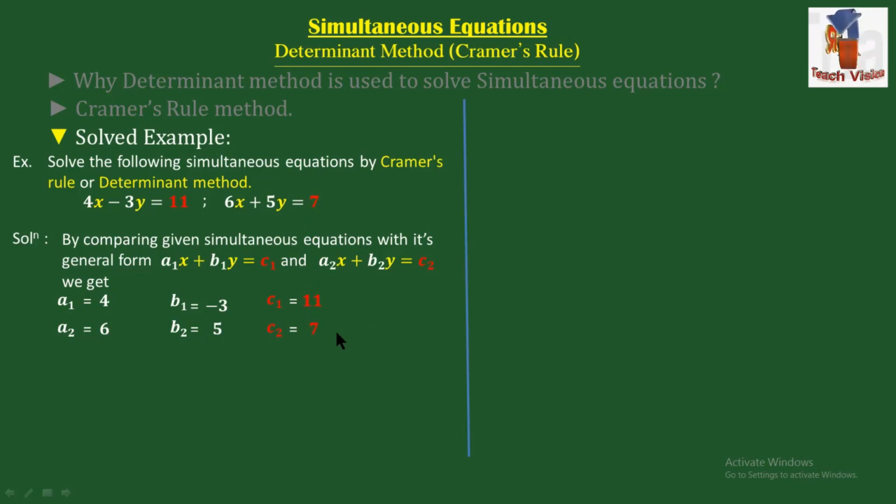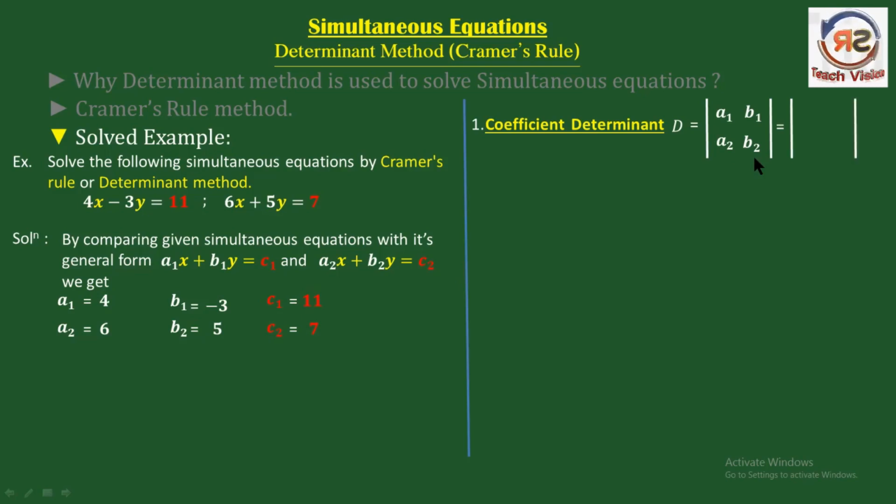Now after getting these values, consider the first determinant, which is the coefficient determinant, denoted by capital D. It contains the four values by column: a1, a2, b1, b2.